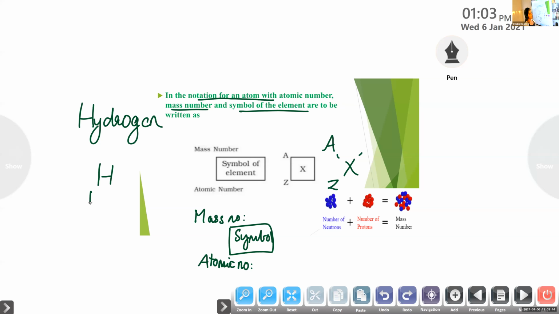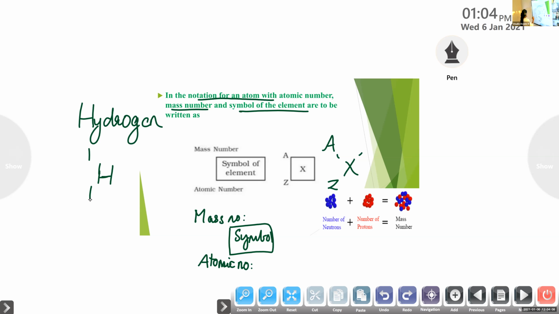That we already learned, atomic masses of certain elements. 1. Very good. So we represent hydrogen's atomic number, mass number and symbol like this: H, then left bottom 1 as atomic number, left top the mass number.